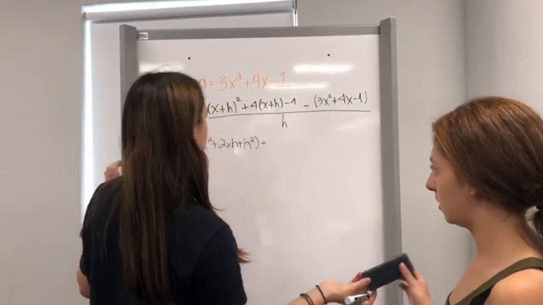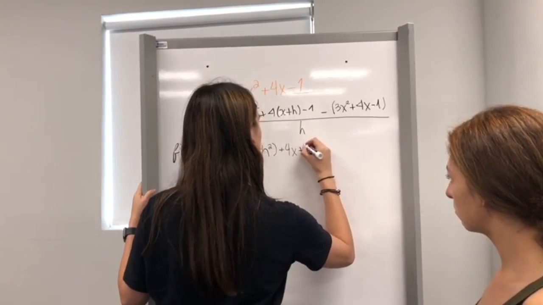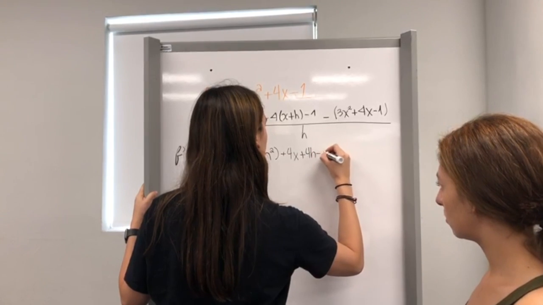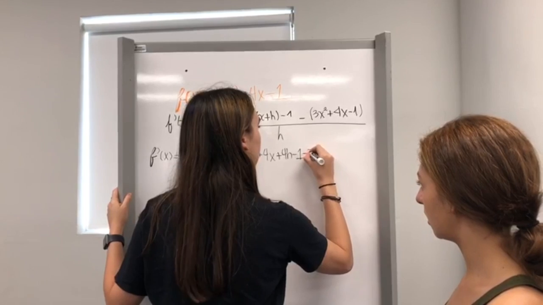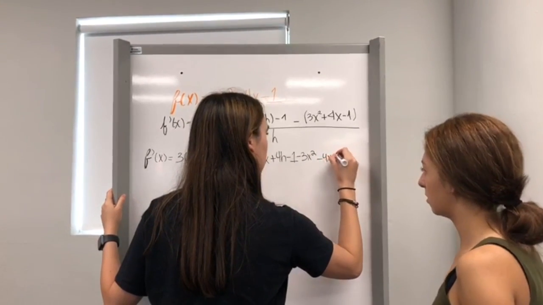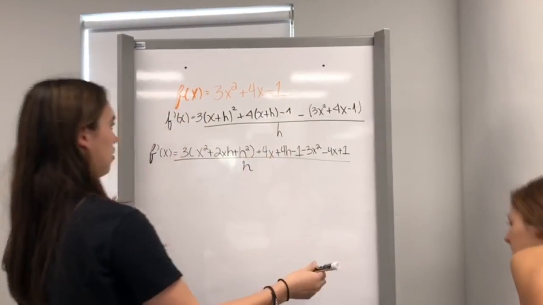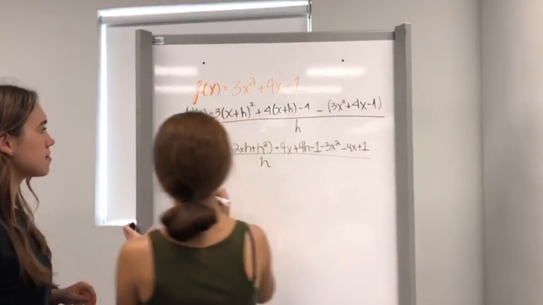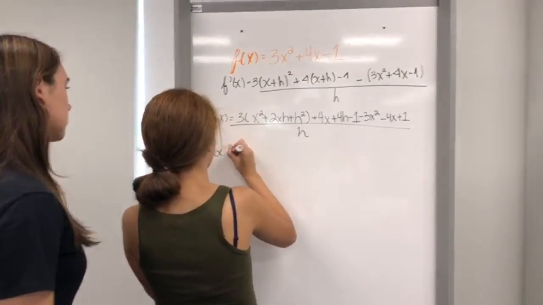Plus 4x + 4h − 1 − 3x² − 4x − 1. We multiply the negative sign by all the numbers that are inside the parentheses. All is over h.